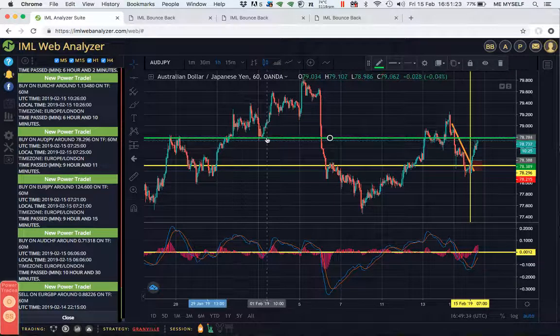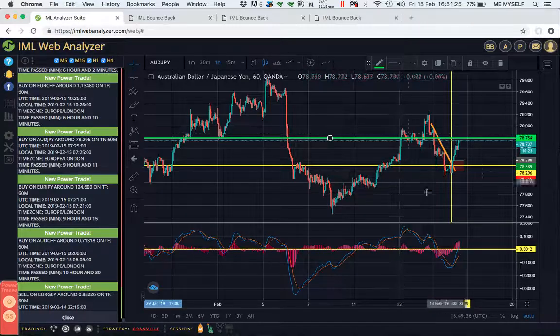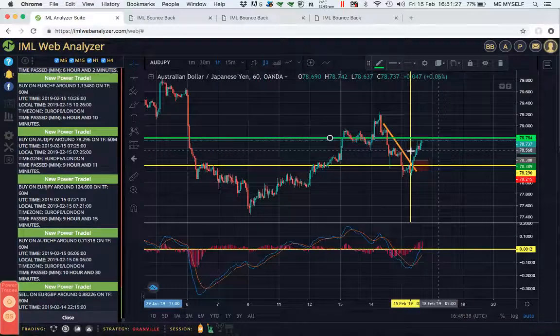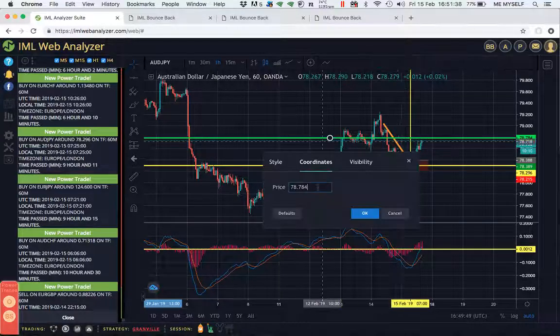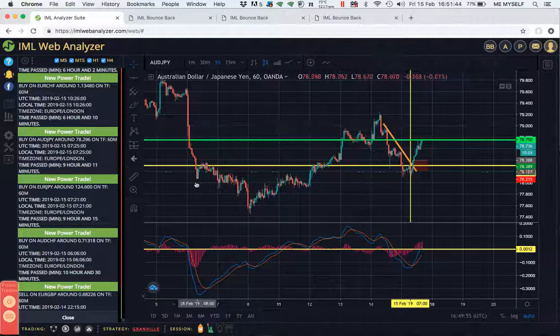Okay, right at that support and resistance level. For those who know me, I'm looking at that price, and it's saying 78.78, so I will round that down to the nearest quarter point, which is at 78.75.